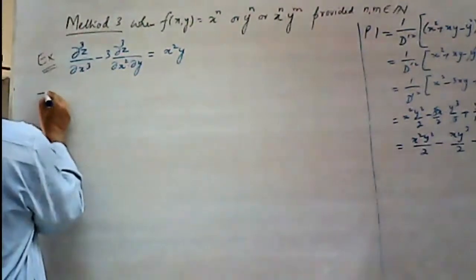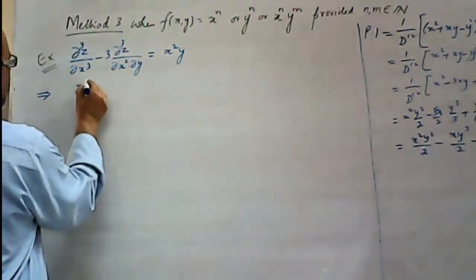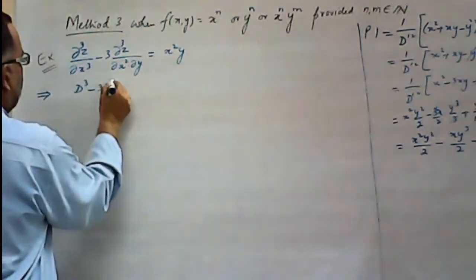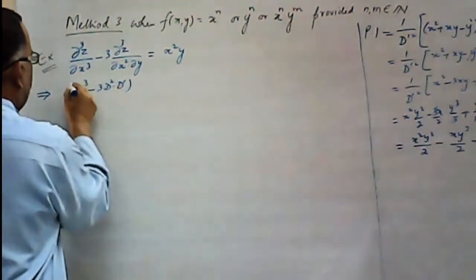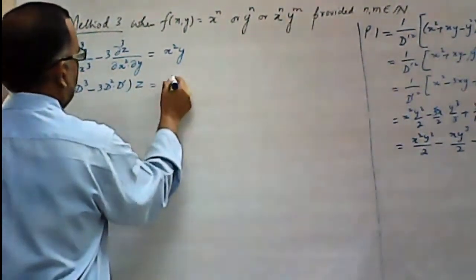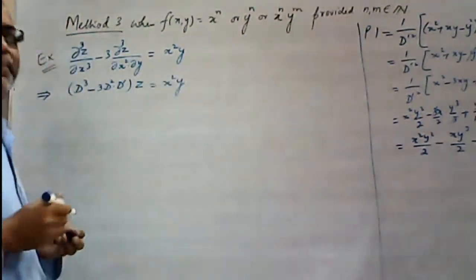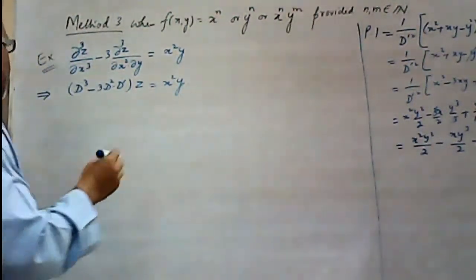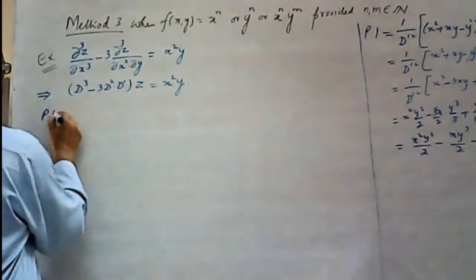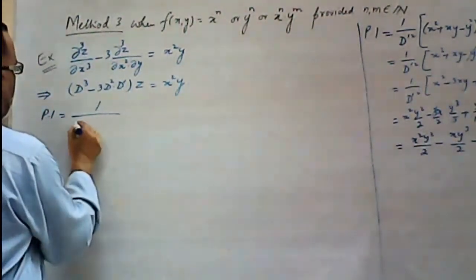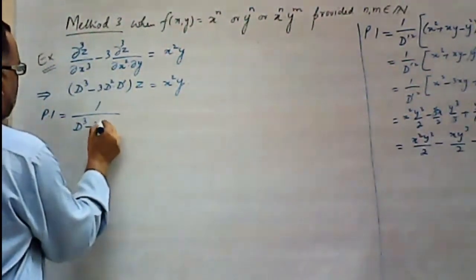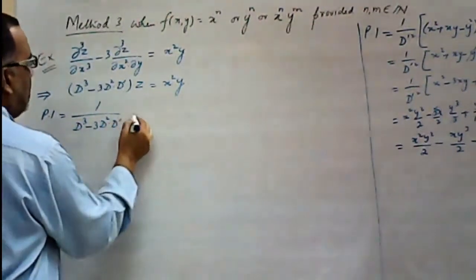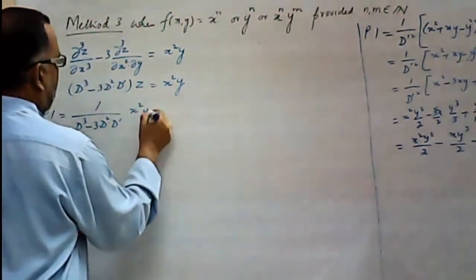So first of all, writing in operator D method, D cube minus 3D square D dash z is equal to x square y. Now finding the particular integral means 1 upon D cube minus 3D square D dash applying on x square y.